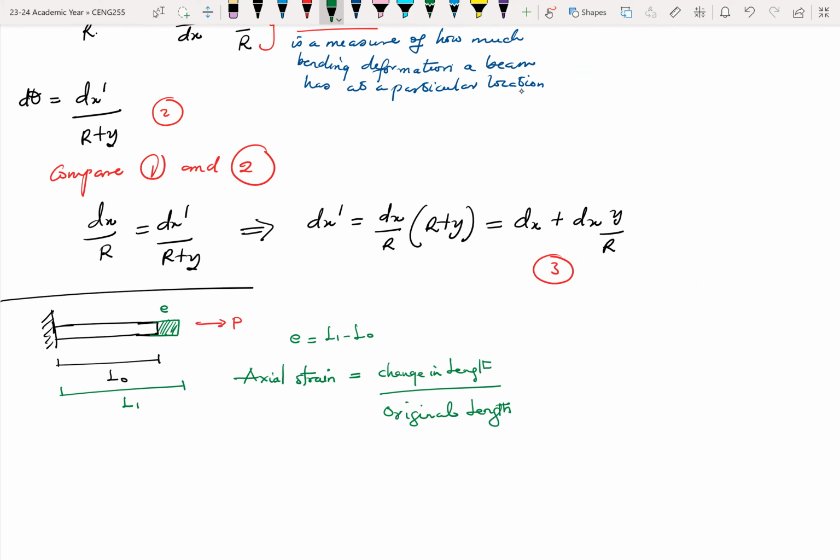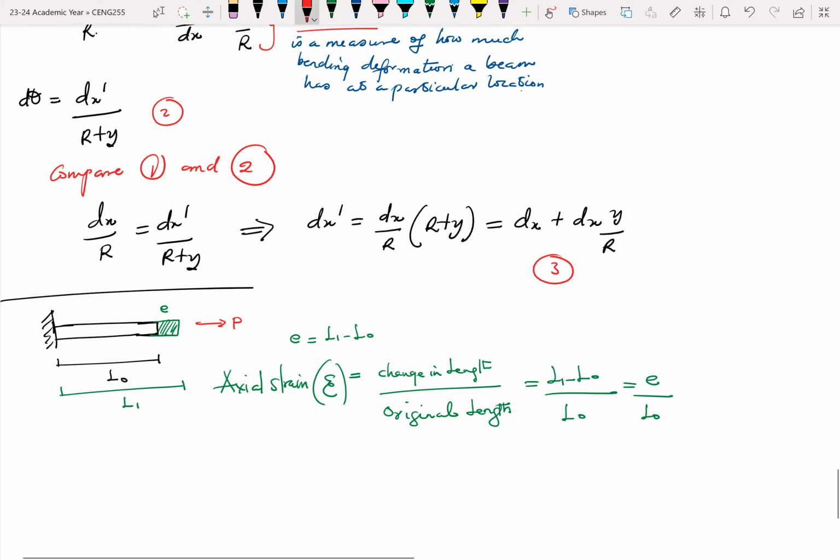So this will become the change in length, L1 minus L naught, over L naught, or in simple terms, e over L naught. And let me rewrite that over here because I need to show you the symbol. The symbol for axial strain is epsilon.